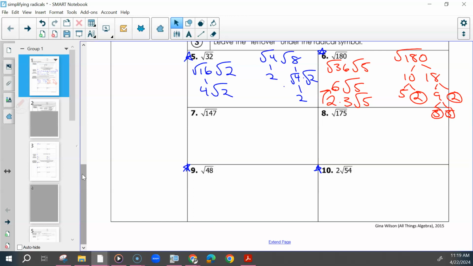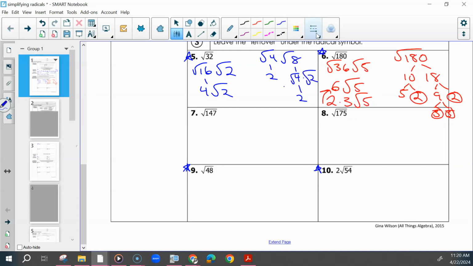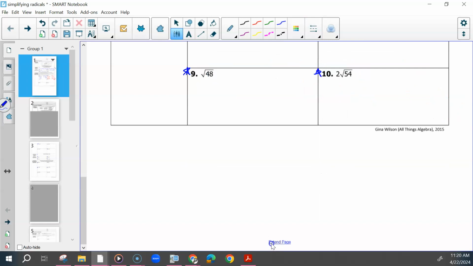Do number 10, and then if there are any others, we'll do those. Alright, number 10, do we want to do perfect squares or breaking it down? Perfect squares. So find the highest perfect square that 54 can be divided by. 27 and 2. Okay, sorry, 27 isn't a perfect square.